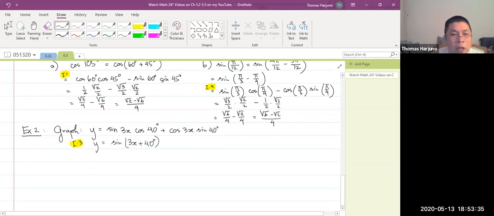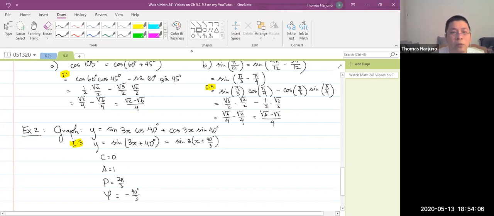We have learned that the center is 0, the amplitude is 1, the period is 2 pi over 3, and the phase shift is, let me factor the 3 out, sine of 3 times x plus 40 over 3 degrees. So the phase shift is negative 40 degrees over 3.